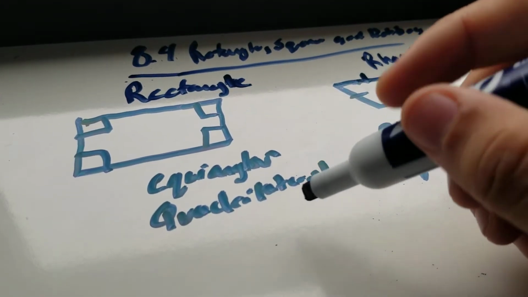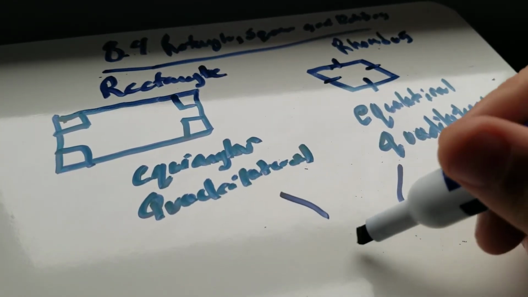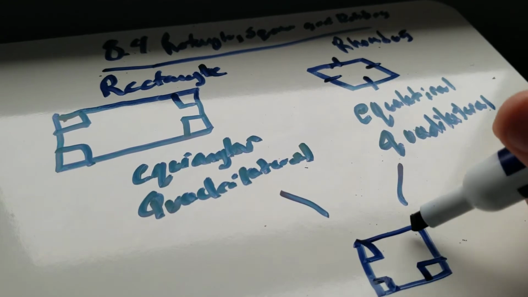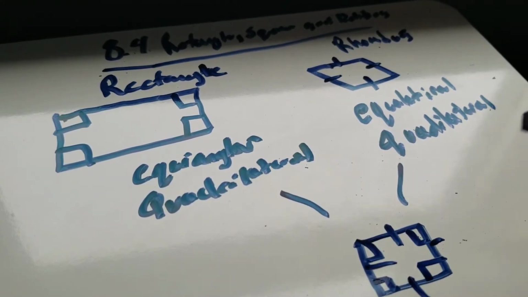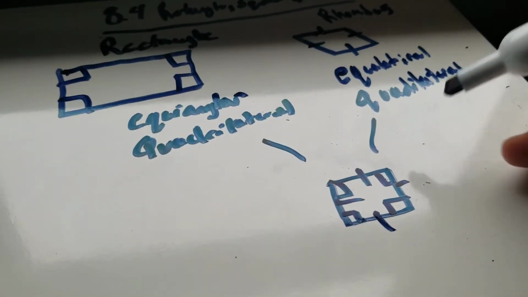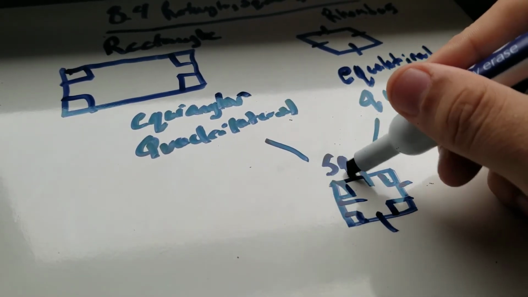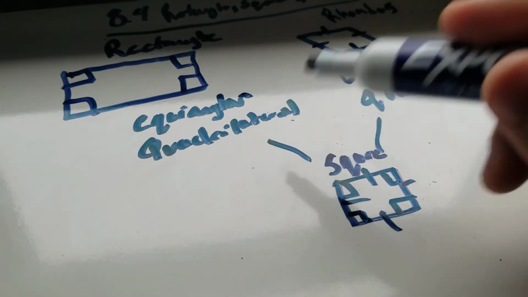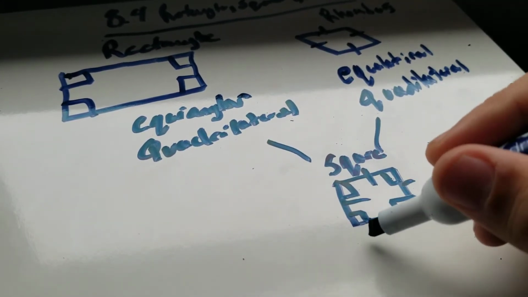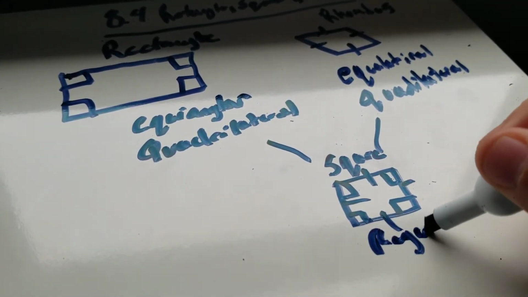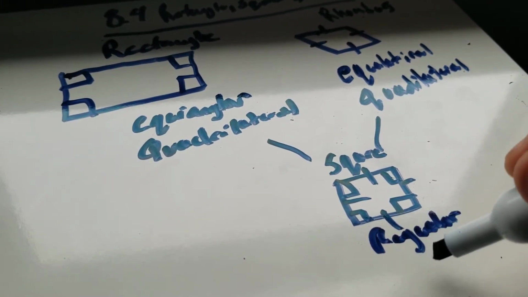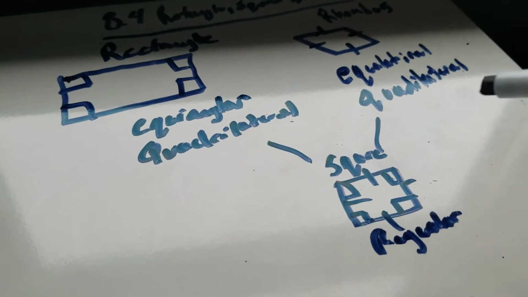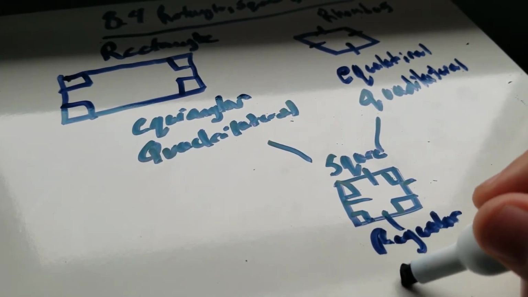All right, and everyone should know this shape. What happens when all the sides and all the angles are congruent? Well, that simply is a square. When something is both equiangular and equilateral, we call that a regular polygon. In this case, this is a regular quadrilateral.